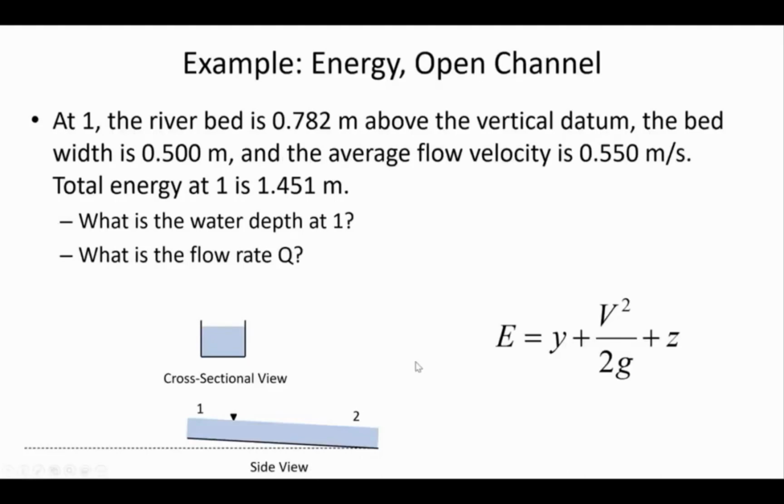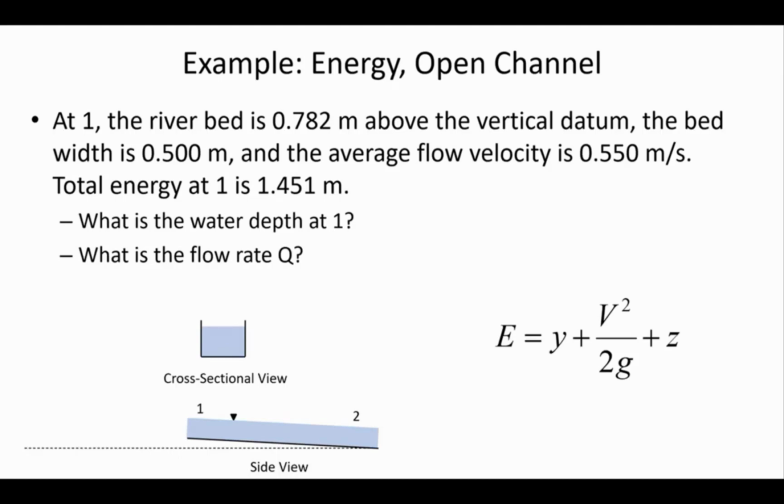Okay. So let's get just a bit of practice using this new formulation of the energy equation, where we no longer think in terms of pressure, but now we start thinking in terms of depth. I've given you both a side view and a cross-sectional view. And we have location 1.